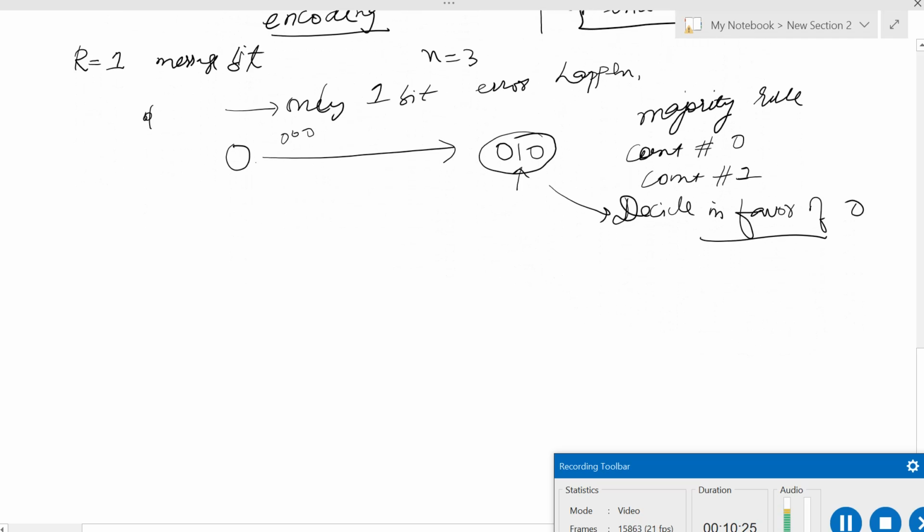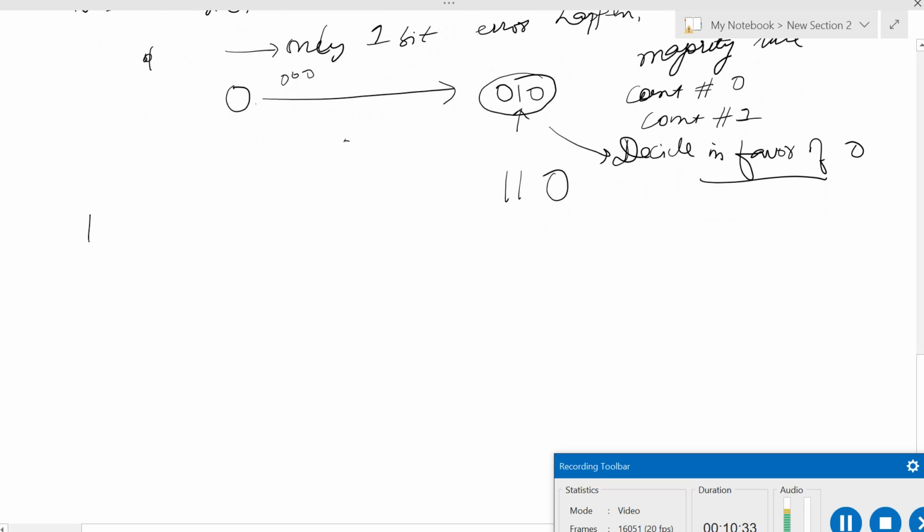Now, if the channel is very bad and it changes 2 bits, suppose we receive 1, 1, 0, the receiver will make a wrong decision. What is the solution? For one message bit, take n equal to 5. That is, instead of 0, transmit 5 zeros, and instead of 1, transmit 5 ones.